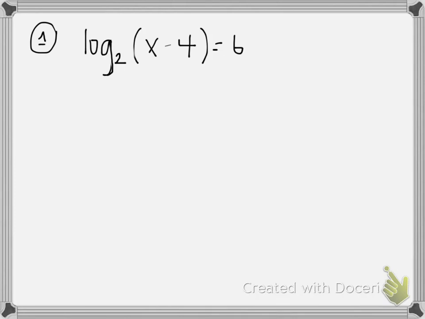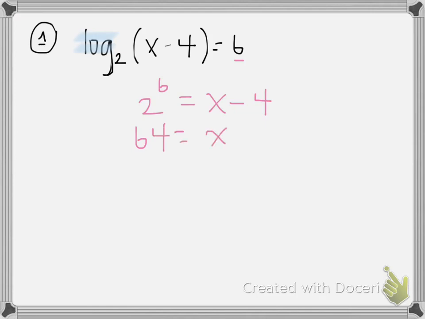So I've got a log just on one side. When I have that, I'm going to change this to an exponential. So 2 raised to the 6th power is equal to what's inside there, x minus 4. And 2 raised to the 6th power is 64.